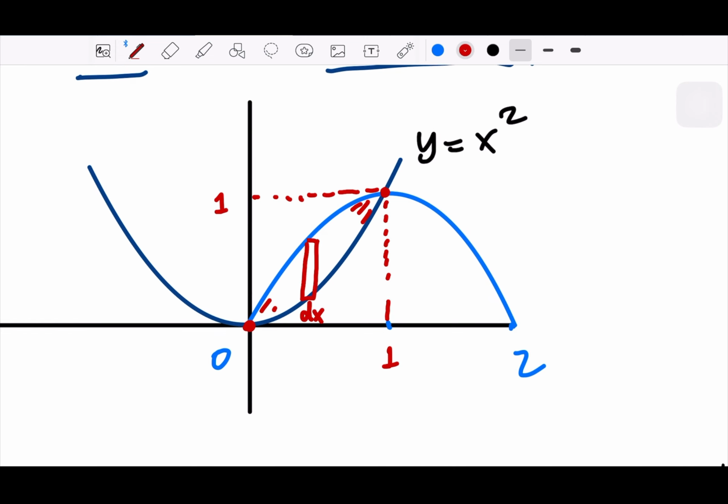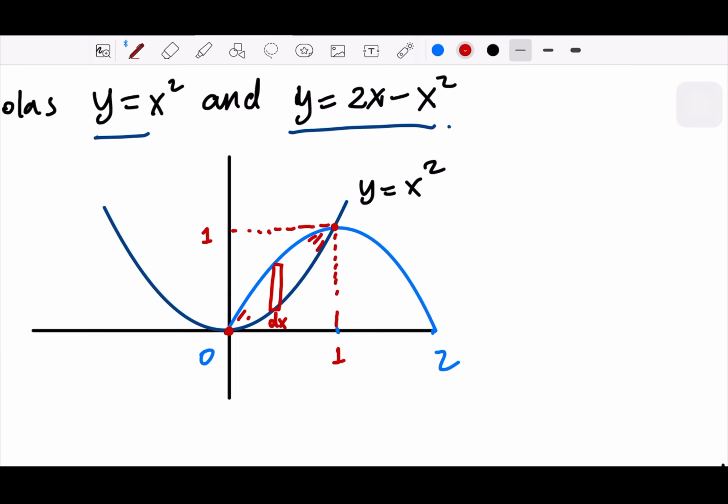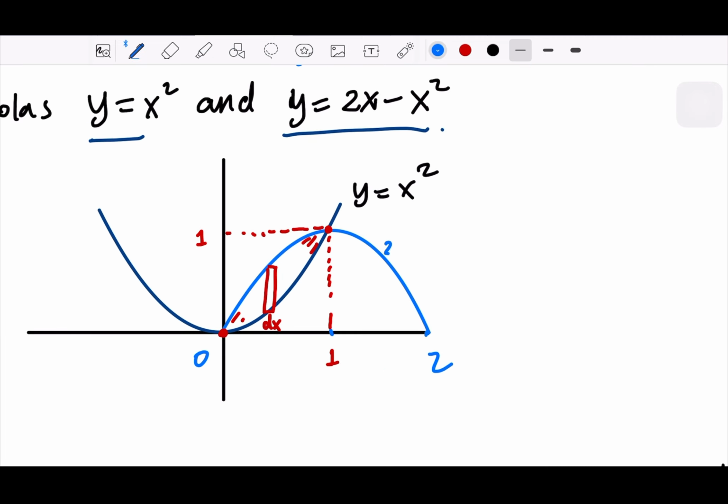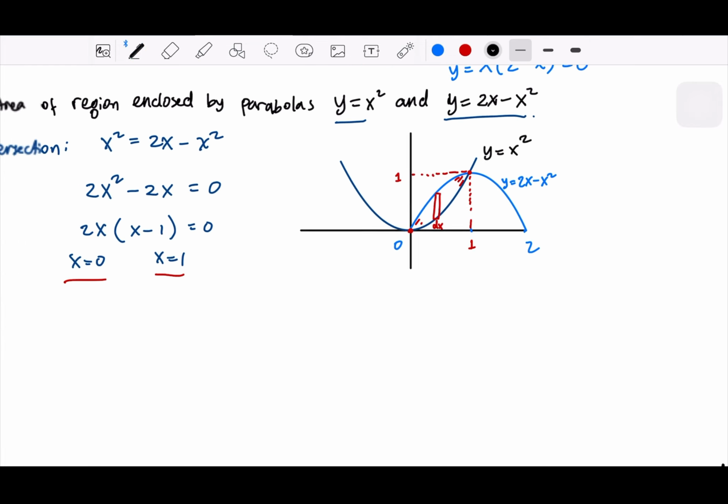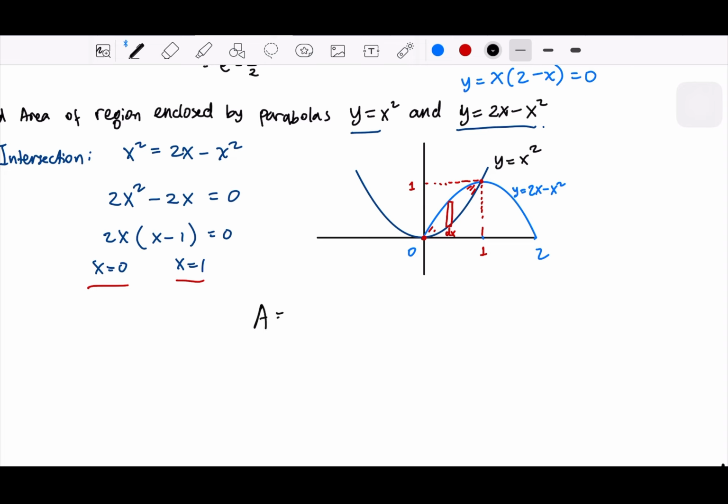Take the x and then the height. The height will be the top equation minus the bottom equation. So the area is the integral from 0 to 1 of 2x minus x squared minus x squared dx.